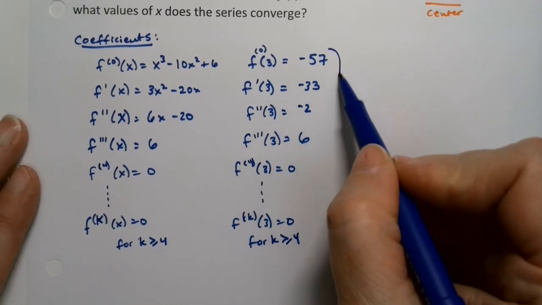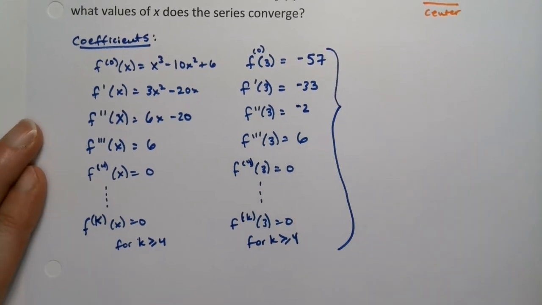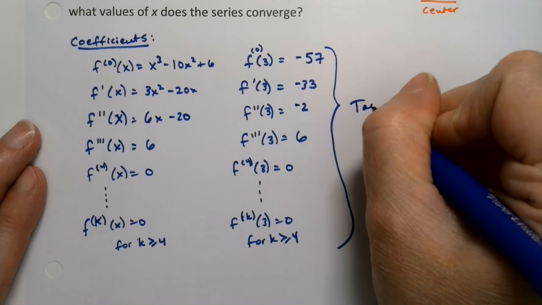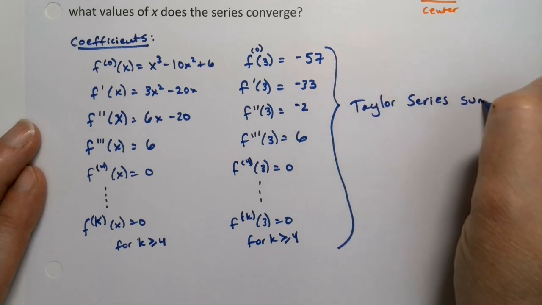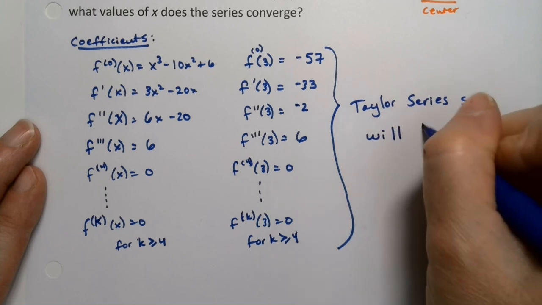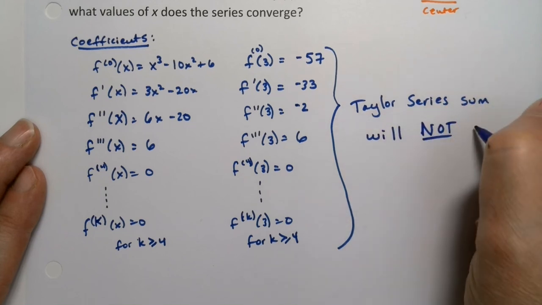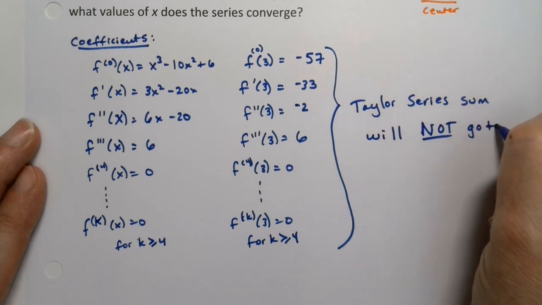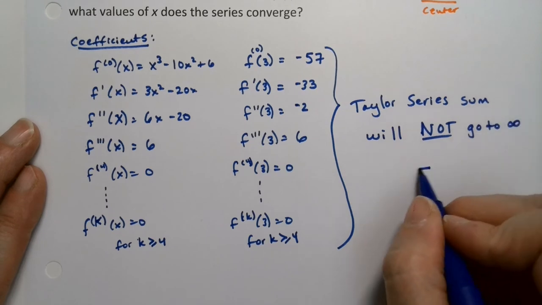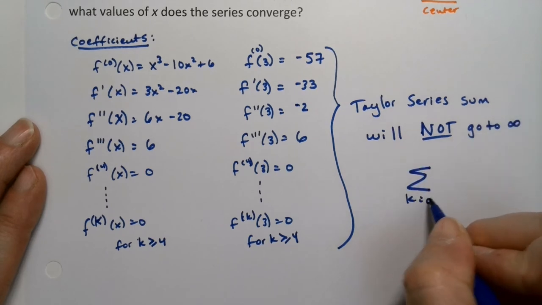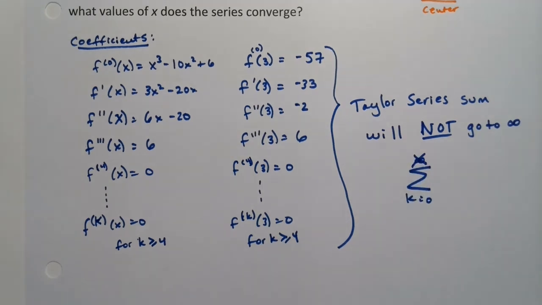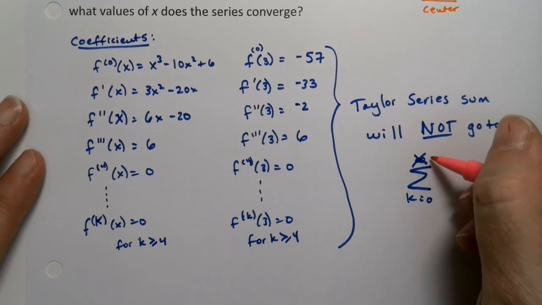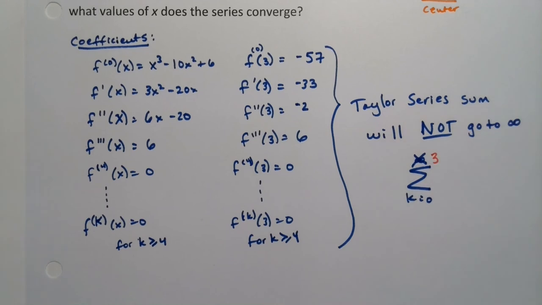This means that our Taylor series is going to stop. It's not going to go to infinity. Our Taylor series sum will not go to infinity. Right? So when you think about it, you're going to go from k equals 0 to k equals 3, it looks like.